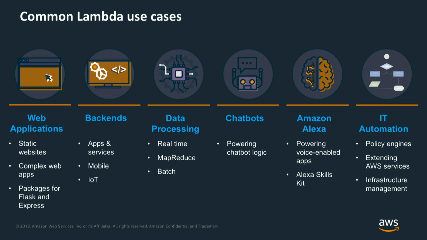Looking at the common use cases, we have web applications and backends, much like what we're going to see now, data processing, chatbots, this very example, use with Amazon Alexa skills, and various IT automation.